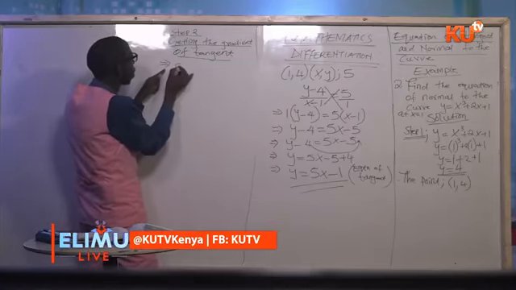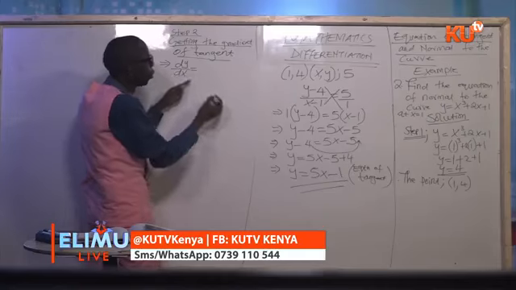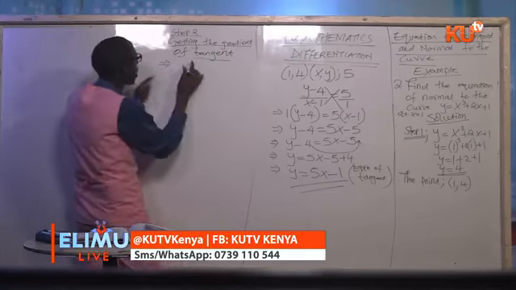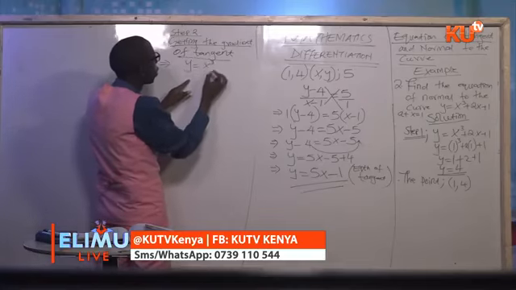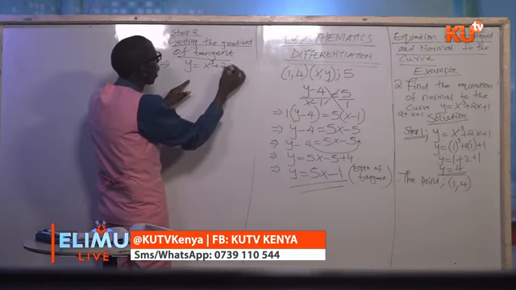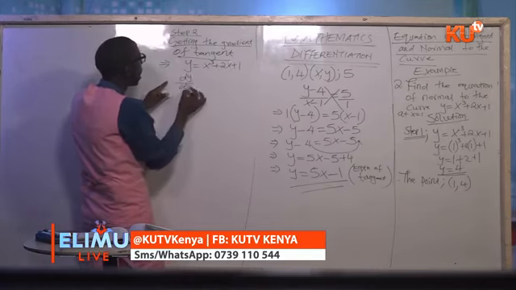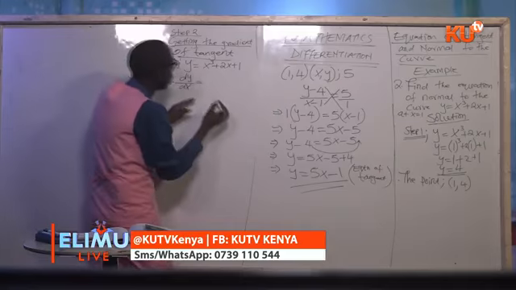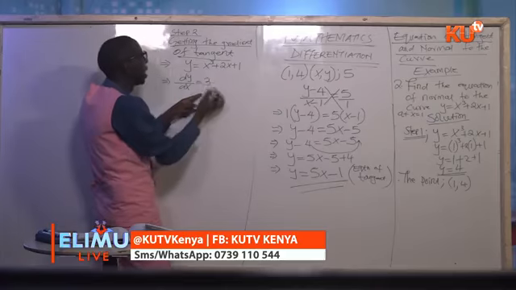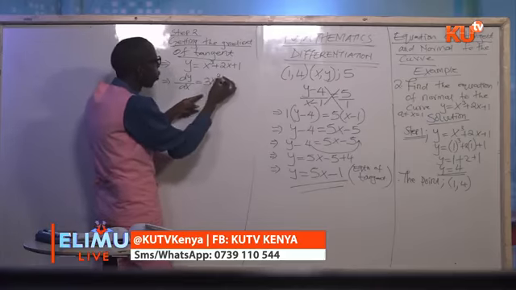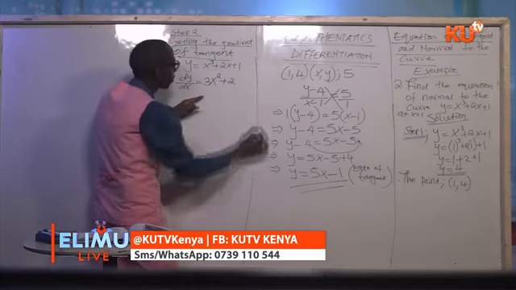dy over dx is equal to, we differentiate our equation, which is y is equal to x cubed plus 2x plus 1. We differentiate: dy over dx is equal to 3 comes here, 3x to the power 2, we minus 1 from the power, plus 2.